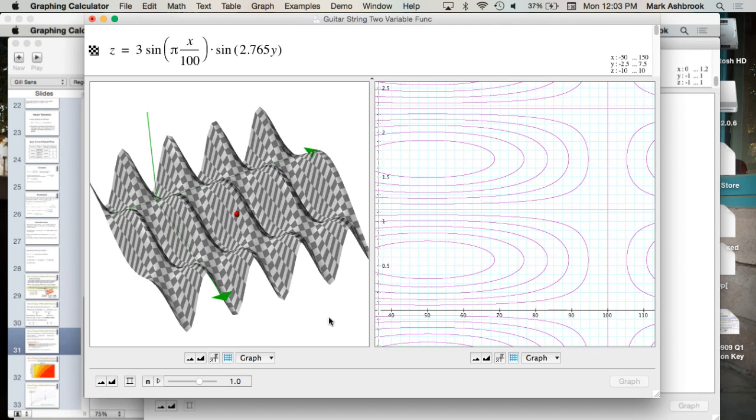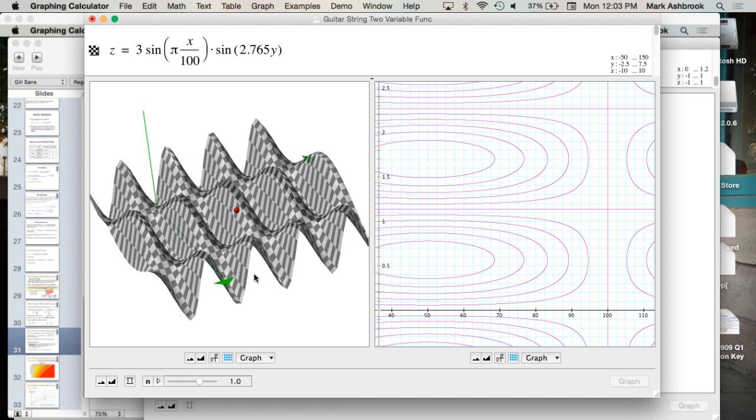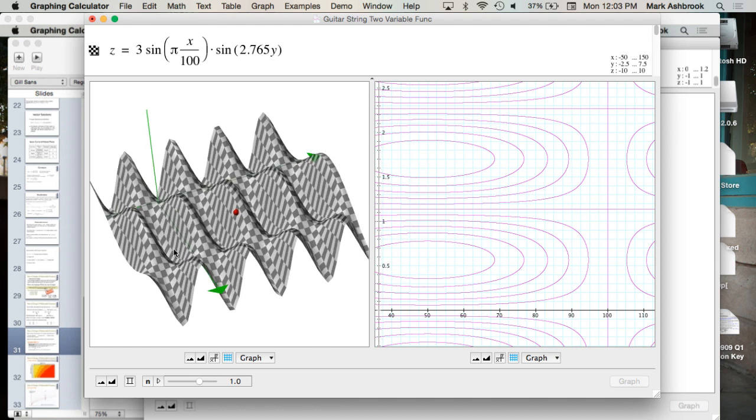Reviewing here. Remember the guitar string function? That's this. X was millimeters down the string, and y was time in milliseconds. This is that function as a surface, and this is that function as a contour plot.